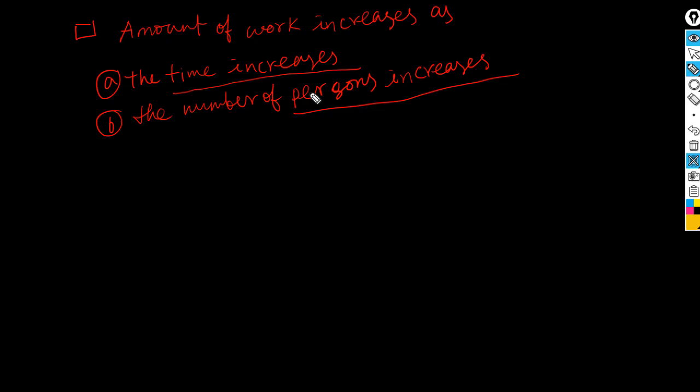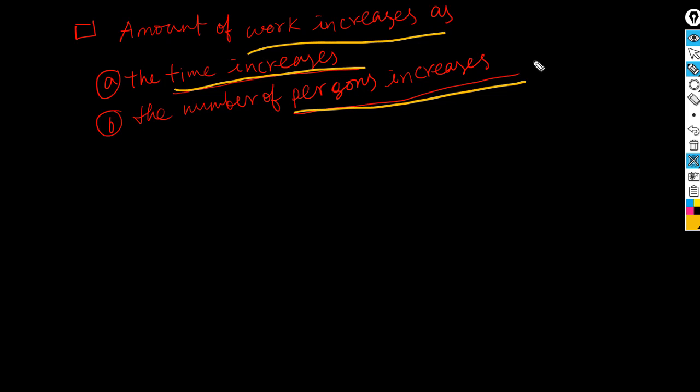See this one and this one. I repeat again: the amount of work increases as the time increases and the number of persons increases. Here all the conditions increase.